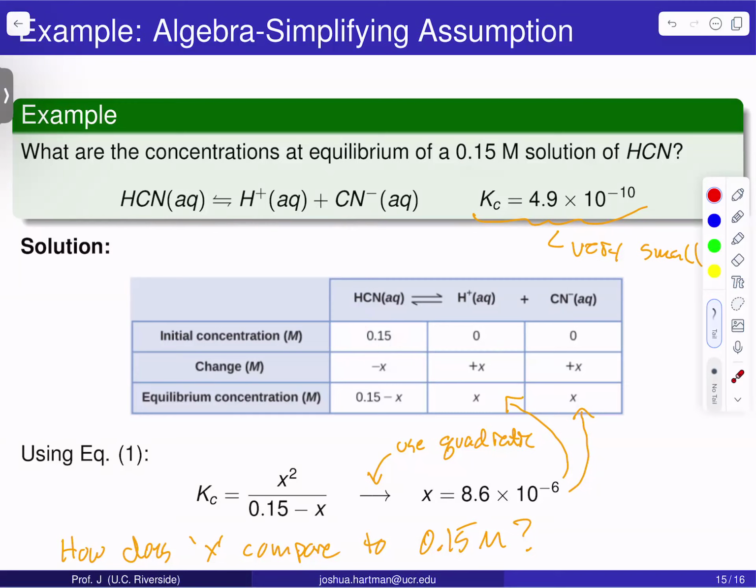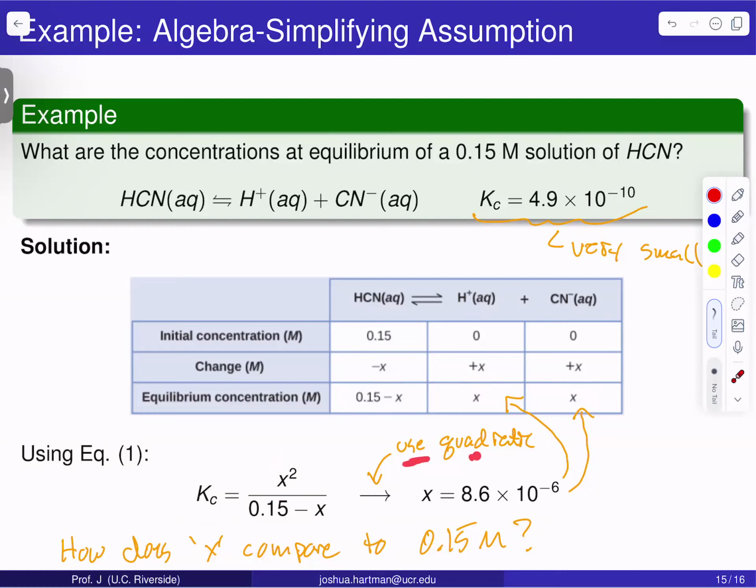You start off with some initial amount of protons and cyanide ions, then some small amount x is going to be lost from our HCN, and we're going to gain some amount x of our H+ and CN−, and that gives us these equilibrium concentrations.